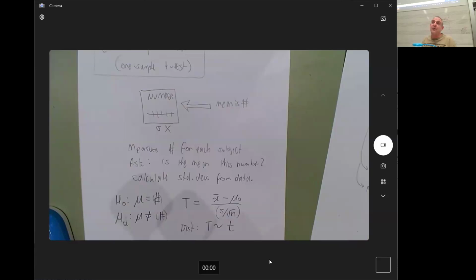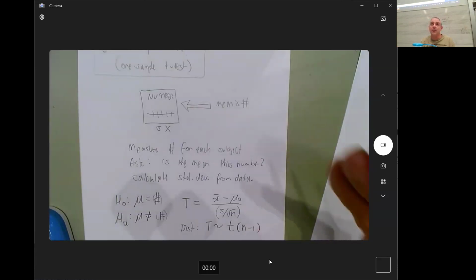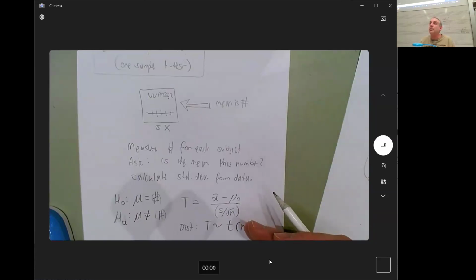With the T distribution, you have to tell it one number, and that number is called the degrees of freedom. It's a very puzzling name. But in this story, the degrees of freedom is whatever n minus 1 is. So if I had 30 tubs of ice cream, I'd put 29 in that spot. If I had 100 tubs of ice cream, I'd put 99 in that spot. So this thing is called the degrees of freedom.